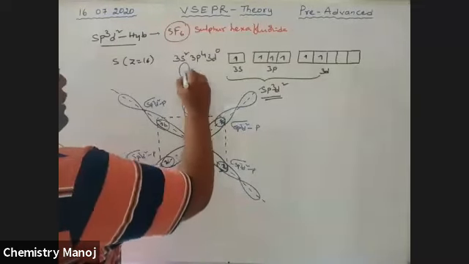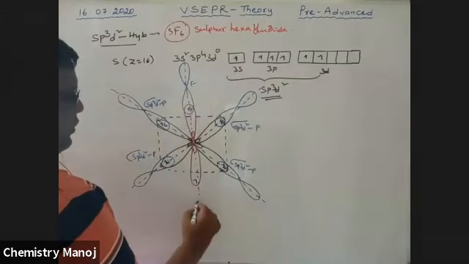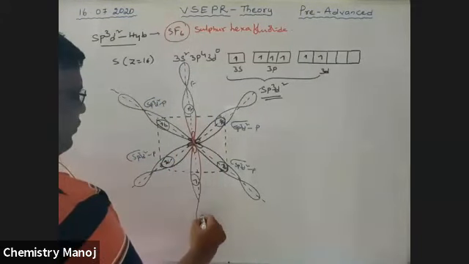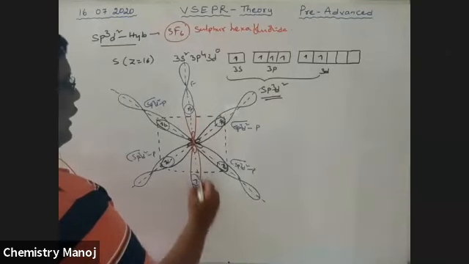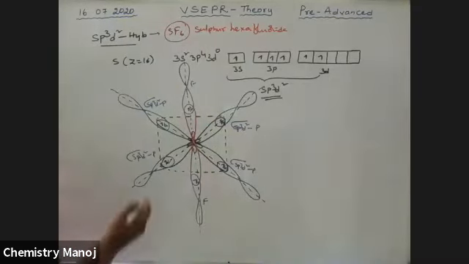This is also fluorine, this is an axial bond, and this is also an axial bond. These are the axial bonds.